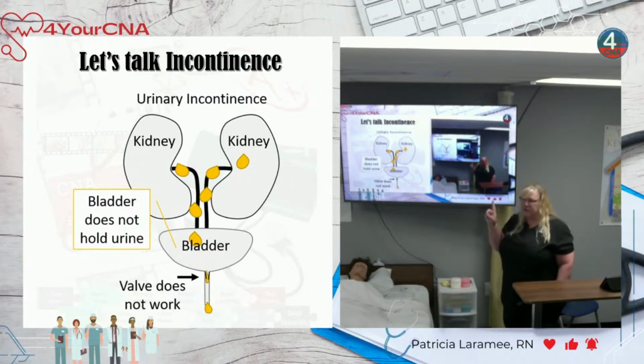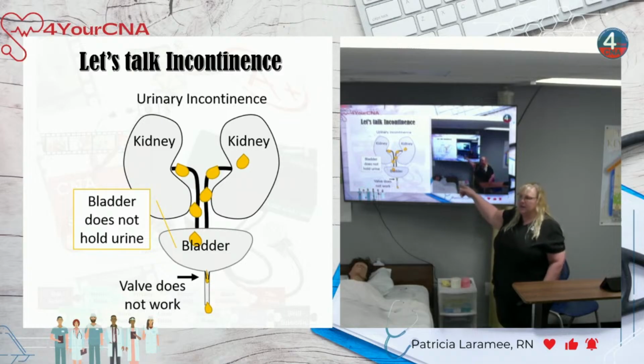If you've got a patient who is dry, dry, dry, dry, then really, really wet, that is not an incontinent patient. That valve was working. That's why they stayed dry. What you have are incompetent staff members that aren't getting that patient up to the bathroom. These are staff members that are telling the patient, just go, I'll clean you up, it's easier.